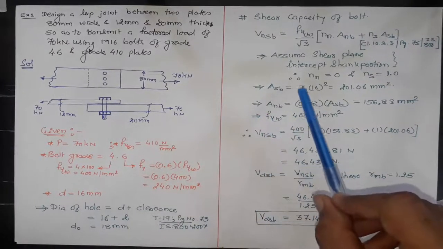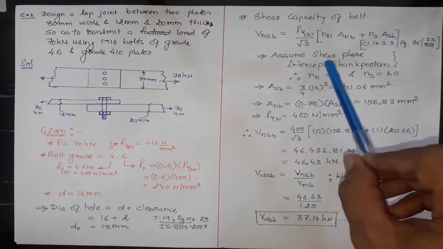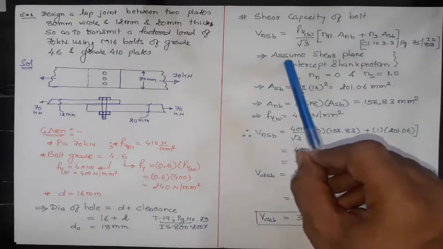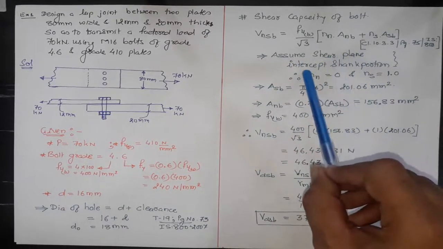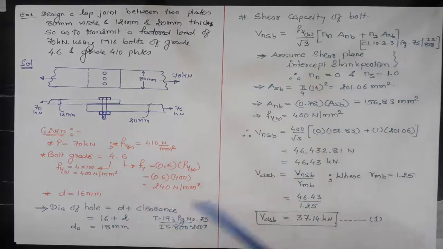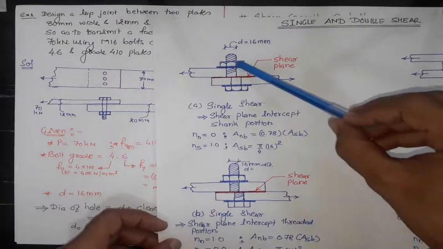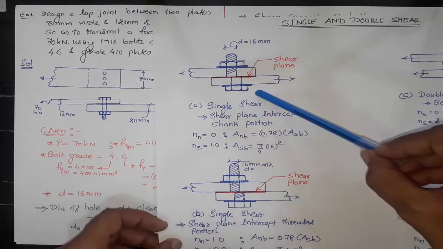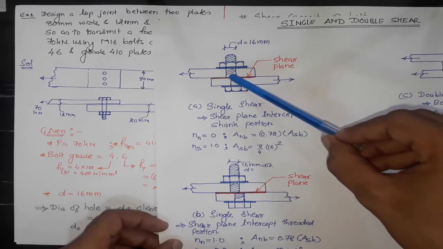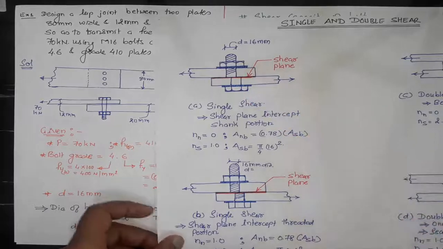Here, since it is not given where the shear plane intercepts, we are assuming the shear plane intercepts the shank portion. Here we are having an example of single shear. Therefore here this will be the case A, where the shear plane intercepts the shank portion.